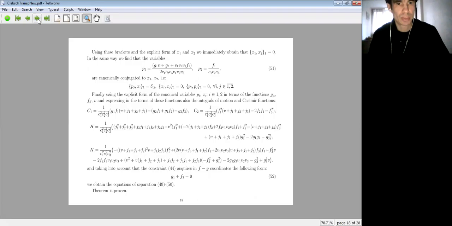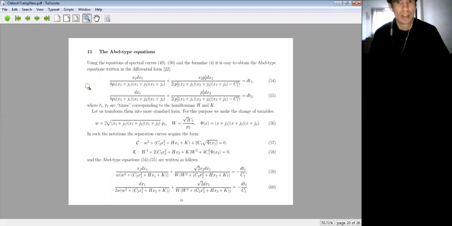By simple substitution, we obtain the following Abel type equations. Here T1 and T2 are times corresponding to the Hamiltonians H and K. It is useful to transform them to a bit more standard form from algebraic geometry. For this purpose, one changes the variables, like in the formula 56.